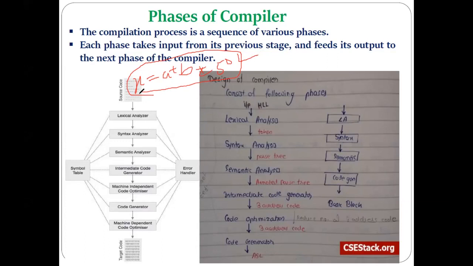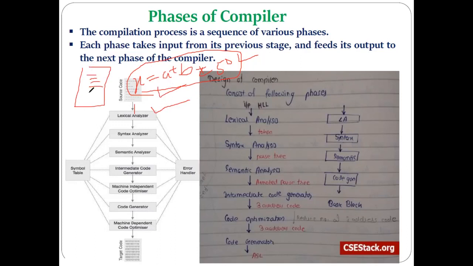Now this expression is given to the lexical analyzer, then the lexical analyzer generates the tokens out of it, like which are the identifiers, which are the keywords, which are the operators, which are the constants. All the recognition of tokens is done by the first phase of the compiler for this expression, and this is done for the whole contents of the program.